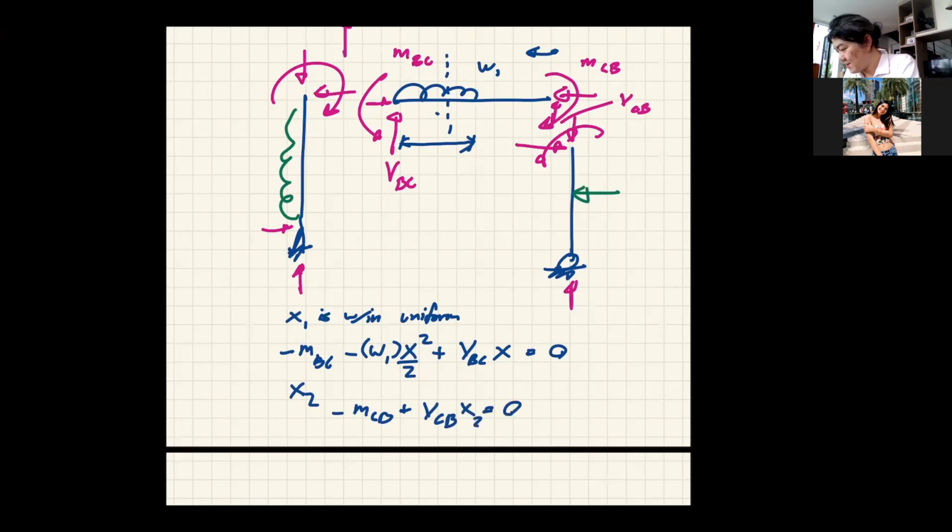So to clarify that, that's x2, that's x1. You see, it's pretty easy. And you have done this before in the mechanics of materials class. I've seen your exam. Okay? If you do this, like 1 point each. Okay?